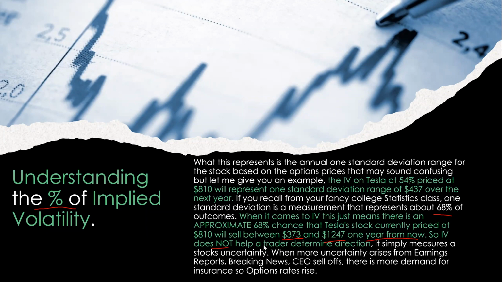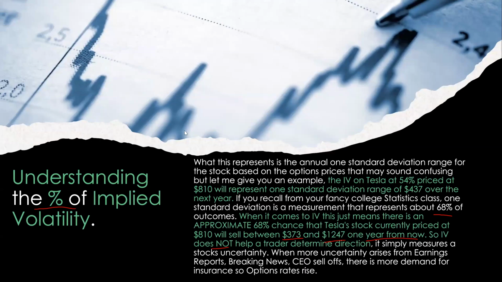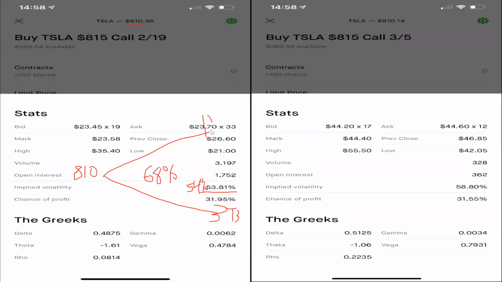All right, now I know it's a little confusing, so let me draw it out for you. Let's draw a cone here. The current stock price is $810 on Tesla. There's a 68% chance, according to one standard deviation, that it's going to go to 373 in 1 year or 1247 in 1 year.